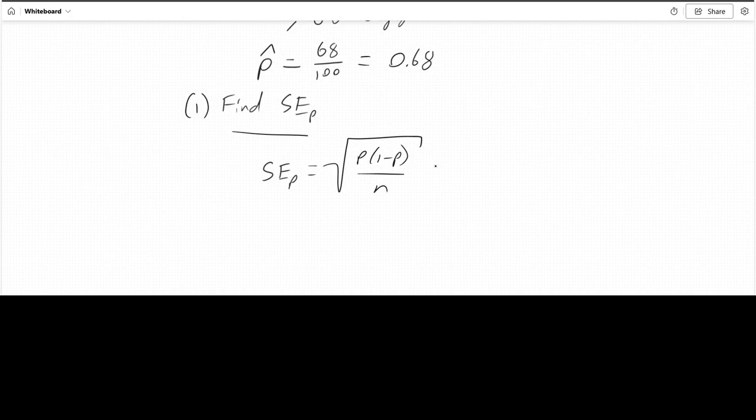And we have our proportion right here. That's equal to the square root of 0.68 times (1 minus 0.68) all over N, we sampled N people, which was 100. And we use little squiggles because we're rounding. This is an approximation. That's 0.0490. That's our standard error.